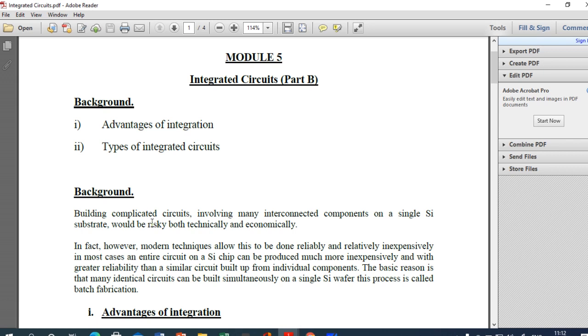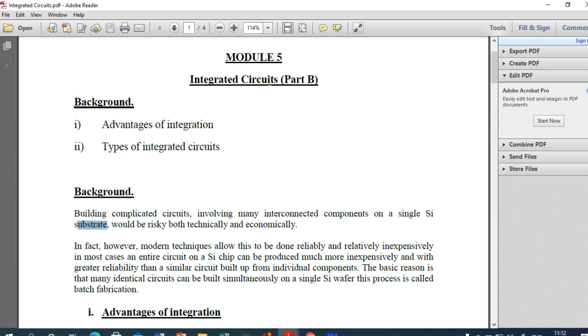But here these complicated circuits are built on a single silicon substrate. Technically and economically they are more advanced compared with the previous technology.